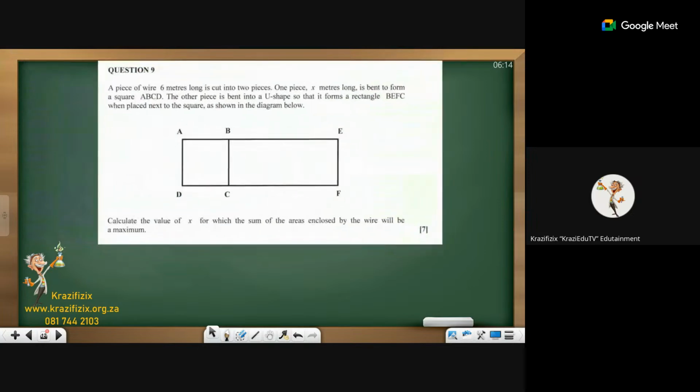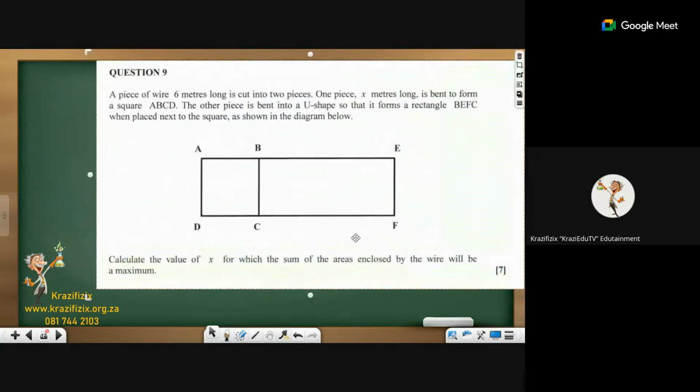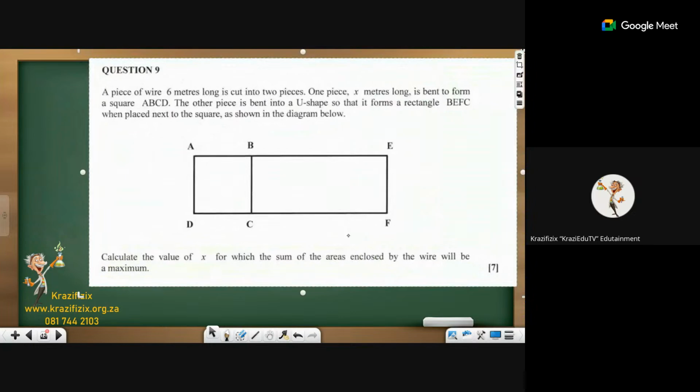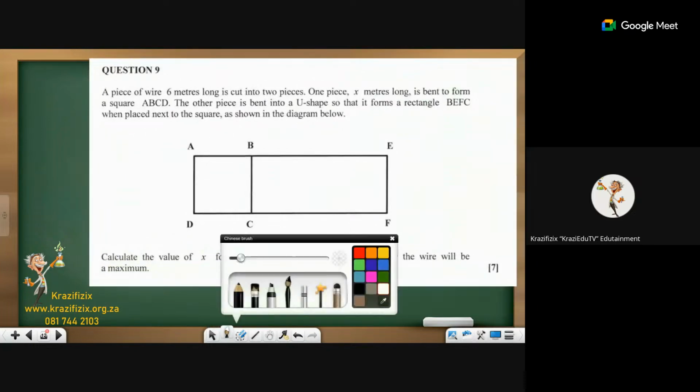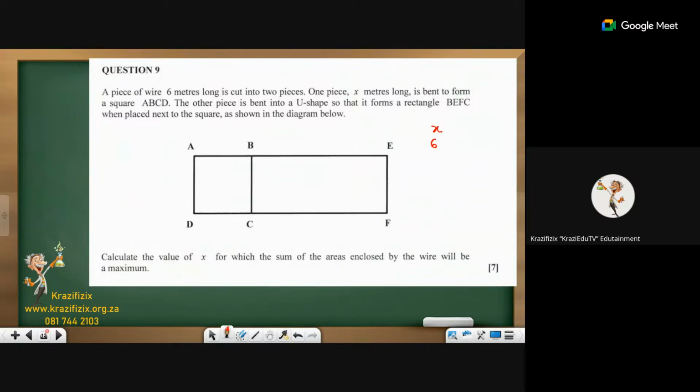One piece is X meters long. If 1 piece is X meters long, the other one is going to be 6 minus X. That is 1, and that is 2. 1 piece out of the 6 is X. It means the other piece will be 6 minus X. 1 piece X meters long is bent to form a square ABCD.